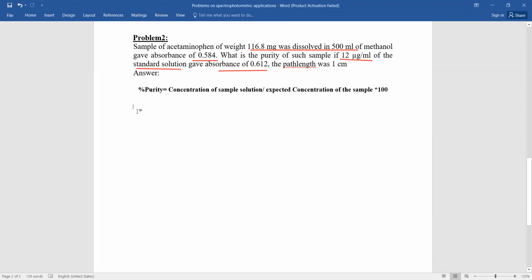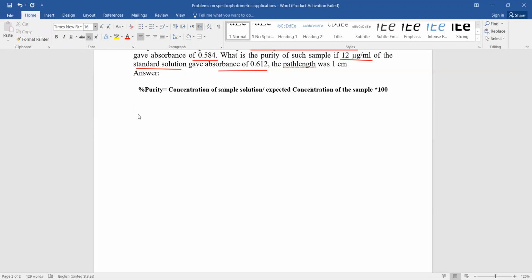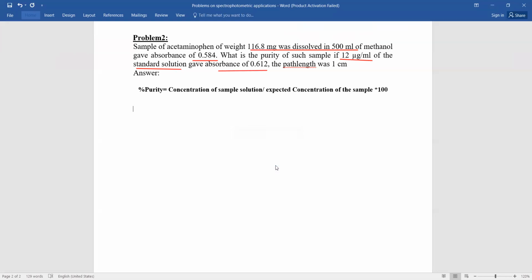We will check its purity. First of all, we will get the concentration of the sample using the single standardization point rule, which is the absorbance of the standard divided by the concentration of the standard equals the absorbance of the sample divided by the concentration of the sample.